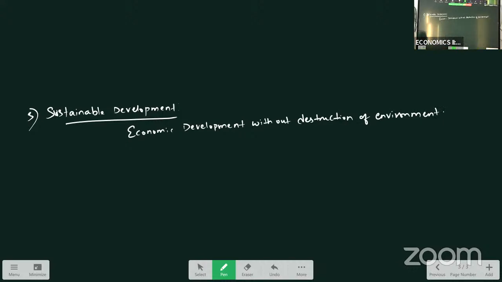Meaning we are developing our economy without damaging or destructing our environment. That is called sustainable development.